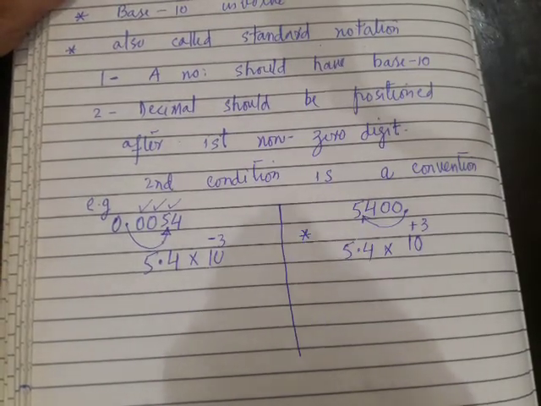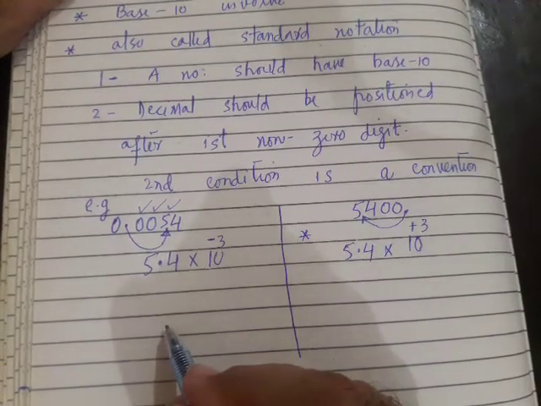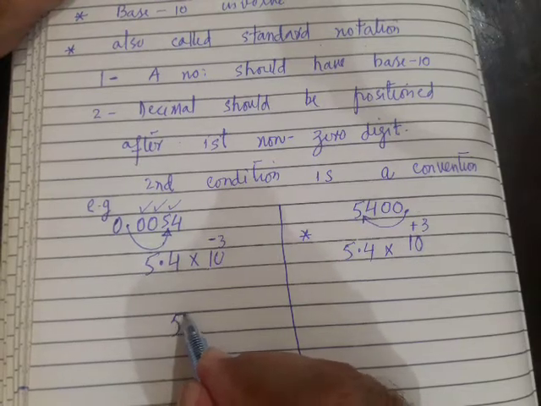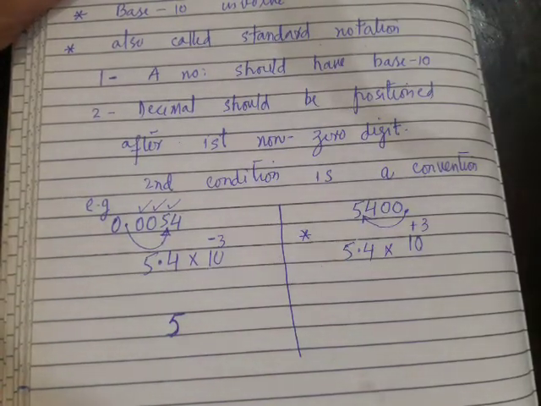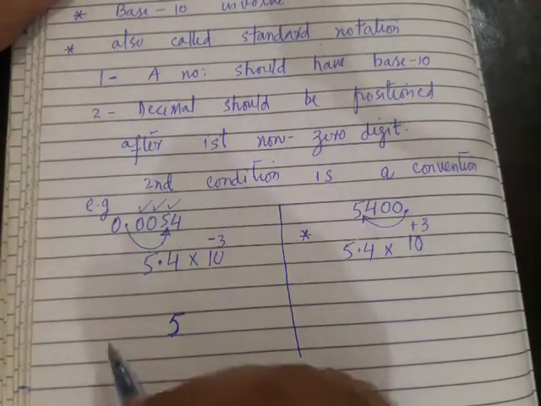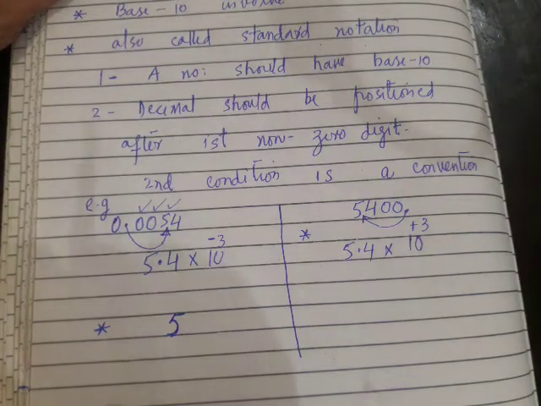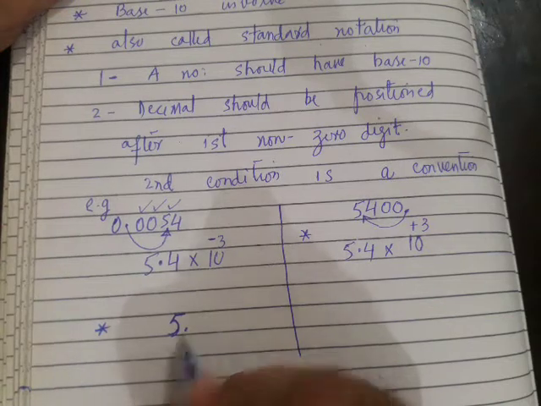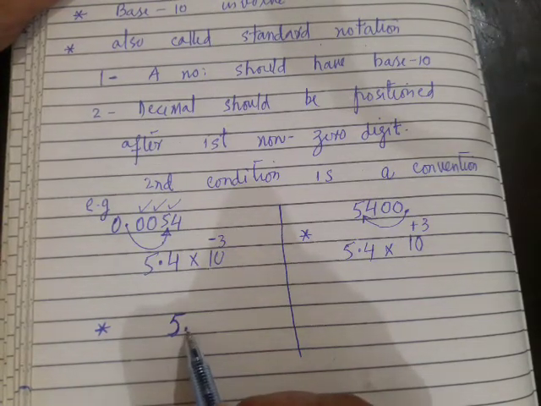There is a tricky example. Let's suppose I am being asked to write the digit 5 in scientific notation. The problem in this case is, as we mentioned earlier, when there is no decimal, it is understood that it is placed at the end.